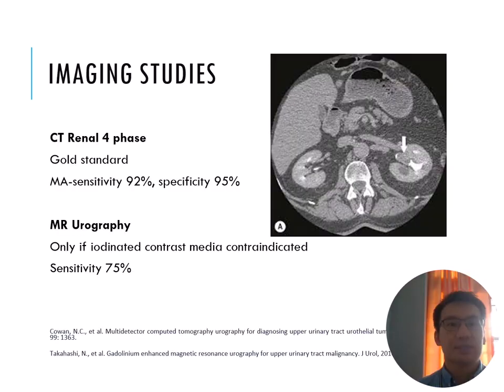Diagnostic modalities. CT renal 4-phase is the gold standard to diagnose upper tract urothelial cancer. A meta-analysis has shown a sensitivity of 92% and specificity of 95%. Hence, if the CT renal 4-phase shows evidence of UTUC, normally a filling defect in the delayed phase, you can subject the patient to nephroureterectomy straight away, or renal sparing surgery if it's a low-risk UTUC.